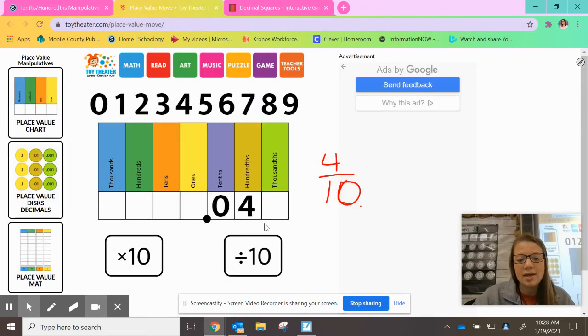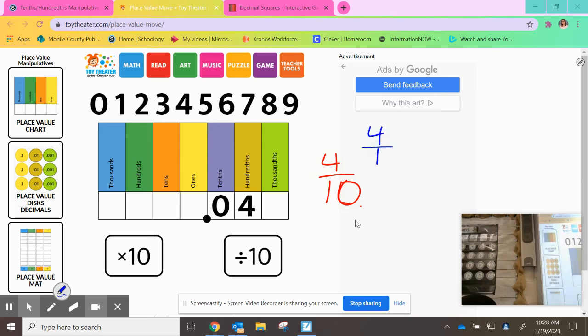Now, something that I find a lot of students have a misconception about is that they think there's a oneths place. So this is why it's really important for your students to understand why after the decimal point there's the tenths place. There is no oneths place, because if you had 4 oneths, for example, that 1 in the denominator tells you how many pieces your whole is divided into.